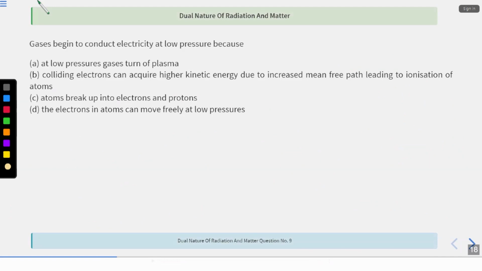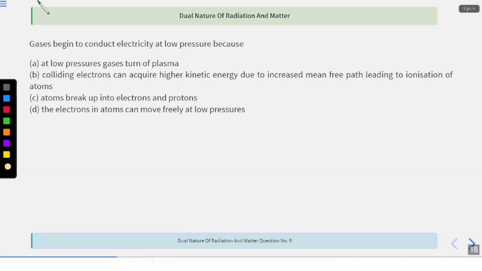Gases begin to conduct electricity at low pressure because: at low pressure, gases turn into plasma; colliding electrons can acquire high kinetic energy due to increased mean free path, leading to ionization of atoms; atoms break up into electrons and protons; the electrons in atoms can move freely at low pressures.